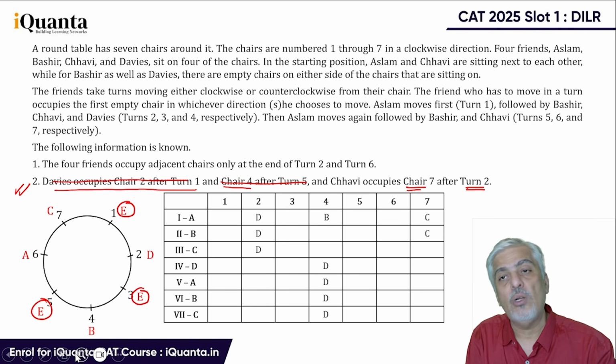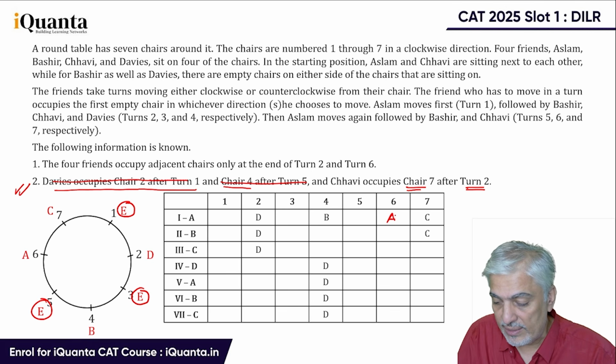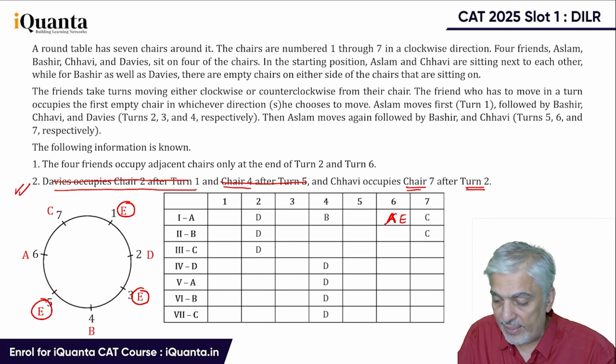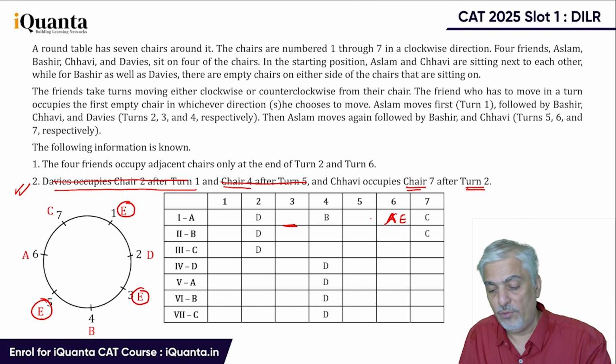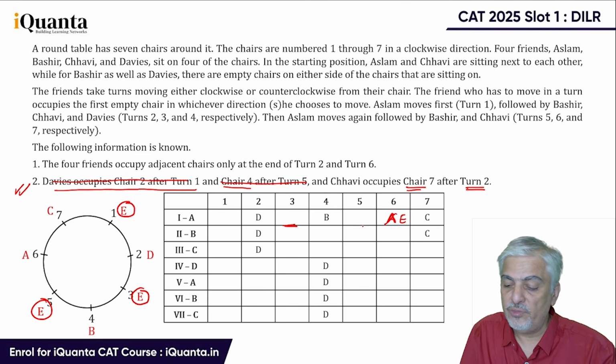Now, let's talk about A very carefully. A was at 6, and it's going to move from here. So, can I say this point will become empty? Definitely. Now, think logically, A cannot move to 3 because, for A, the left over here is the clockwise direction and right is anti-clockwise. If it goes left, the first empty chair is 5, so it would sit there.